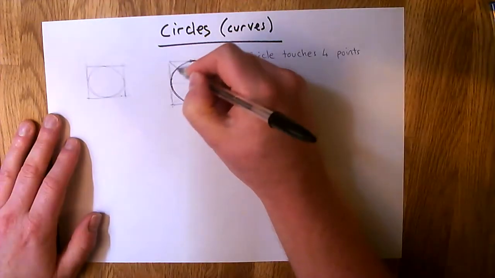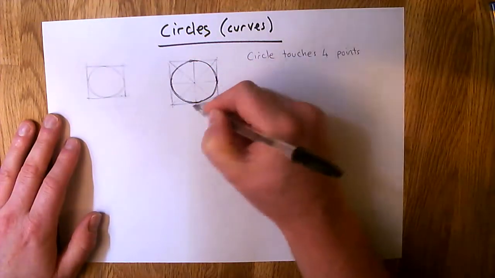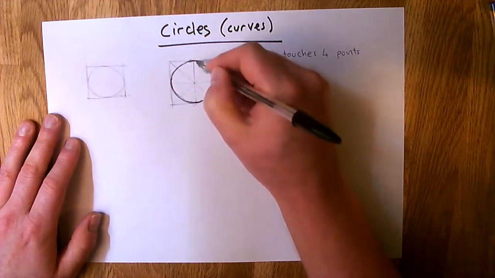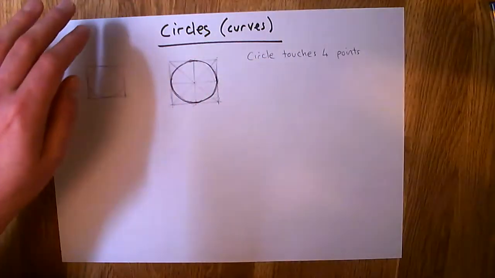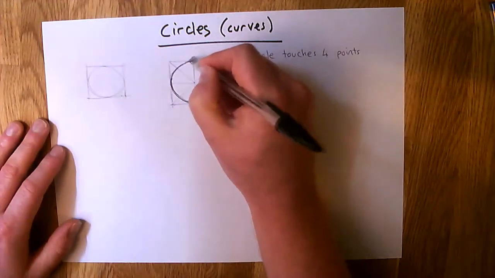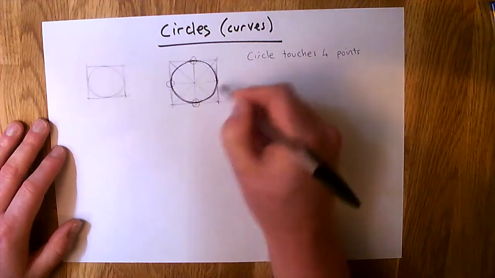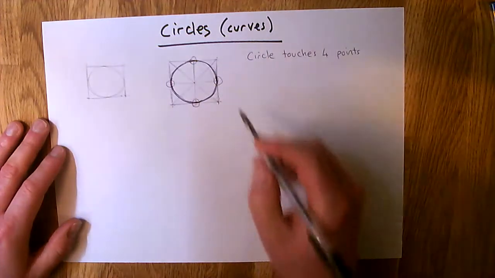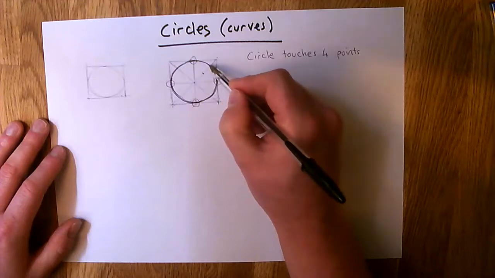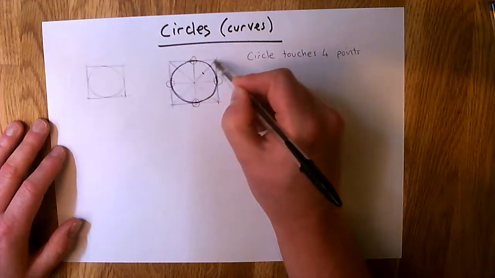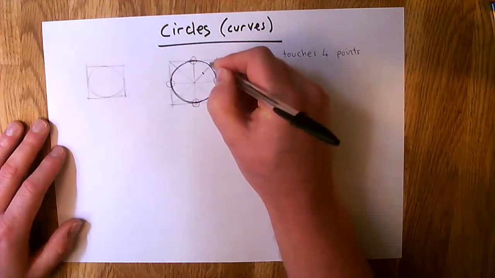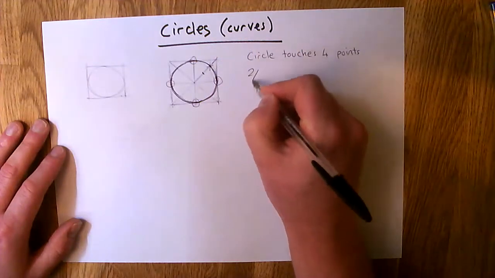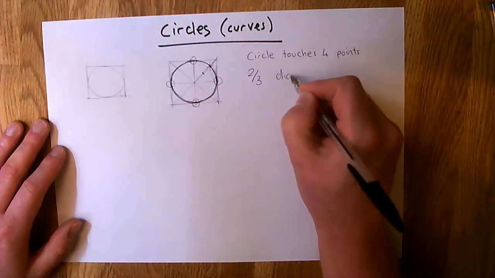Not the best circle in the world, that's because I started off with a shape which was rectangular rather than square, but nonetheless, the point remains that the circle has to touch the square in these 4 points. Also, you'll notice that the circle crosses, see this diagonal right here? The circle crosses the diagonal about 2/3 of the way up the diagonal.